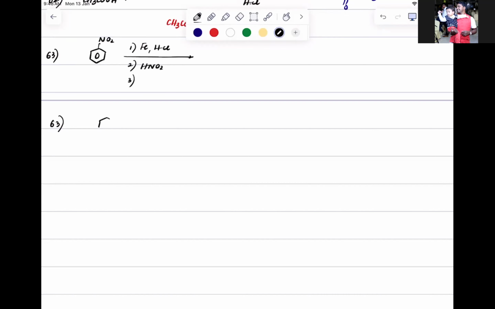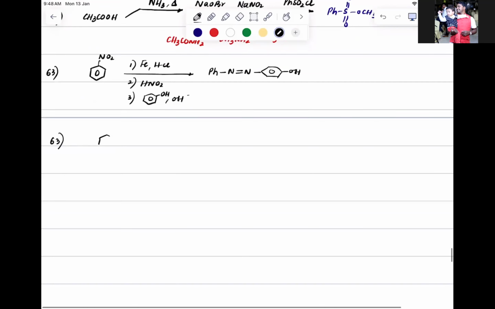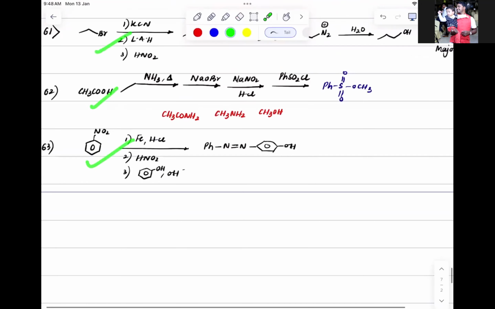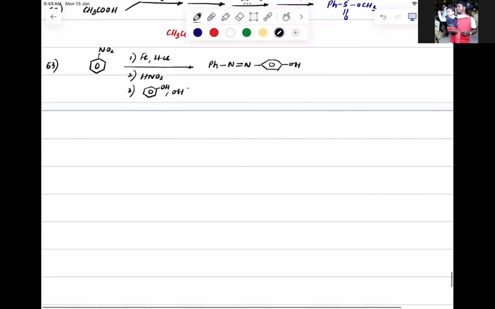Third reaction is phenol and OH minus, like this. Then what do we write? This is a diazonium salt formation. So Ph N double bond N with a phenolic group at para position, right? So this is the product form. And I'm picking up all these PYQs. This was a PYQ, right? So learn these PYQ forms.